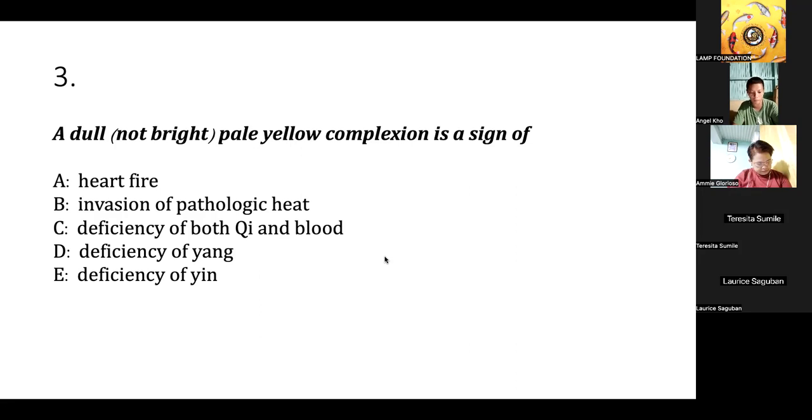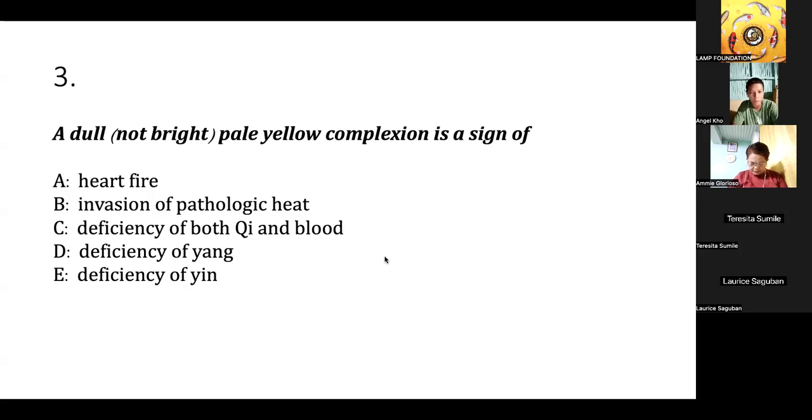Okay, deficiency of both Qi and blood. Have you seen a patient with a dull pale yellow complexion? Madami pong ganyan, no? So what else are you going to look for sa tongue? How will you confirm na talagang deficient ang Qi and blood?